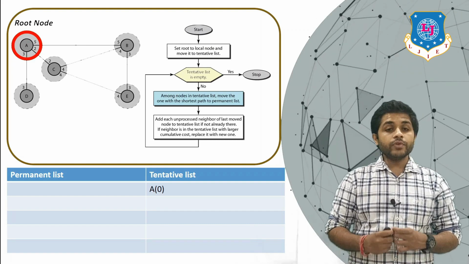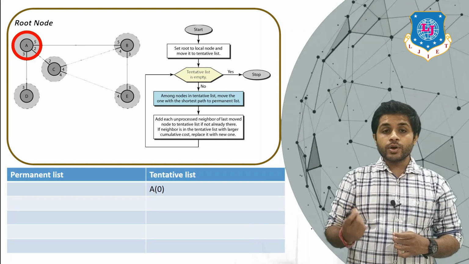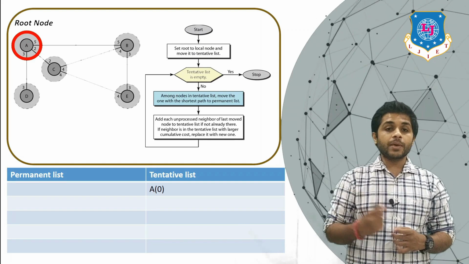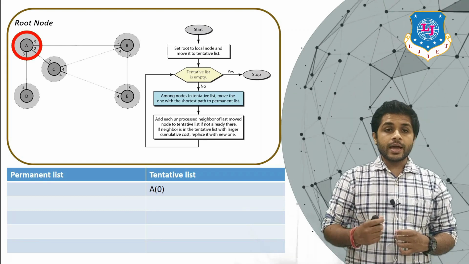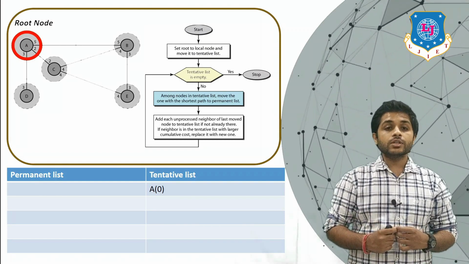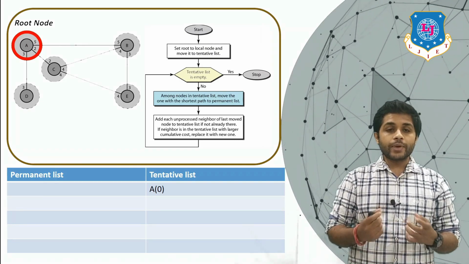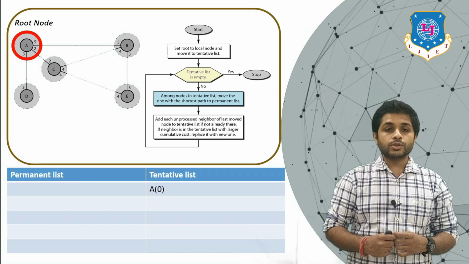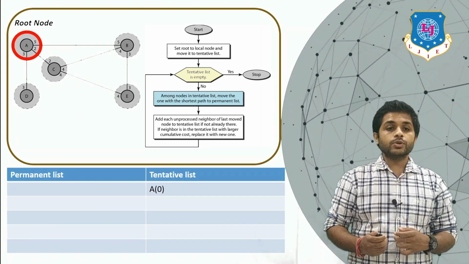After that, we will move every node from the tentative list to the permanent list. And which node will be moved? The node which is having the shortest distance. So right now we have only one node, so we will move one node to the permanent list.